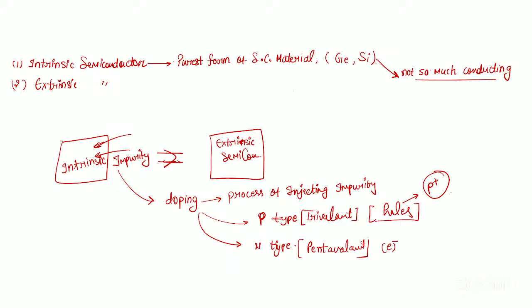Now for the intrinsic semiconductor, you can learn this: Ne equals Nh equals Ni, where these are the number density of electrons, the number density of holes, and the intrinsic number density. So these are all equal. Whatever the number of electrons, the same number of holes are there in an intrinsic semiconductor.